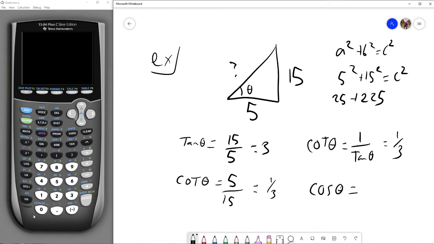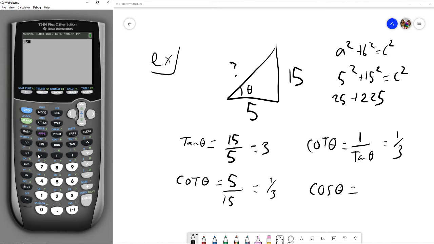Let's double check that. Let's add 25. Does that square root nicely? I doubt it. And it definitely doesn't. So I'm going to say c is just the square root of 250.